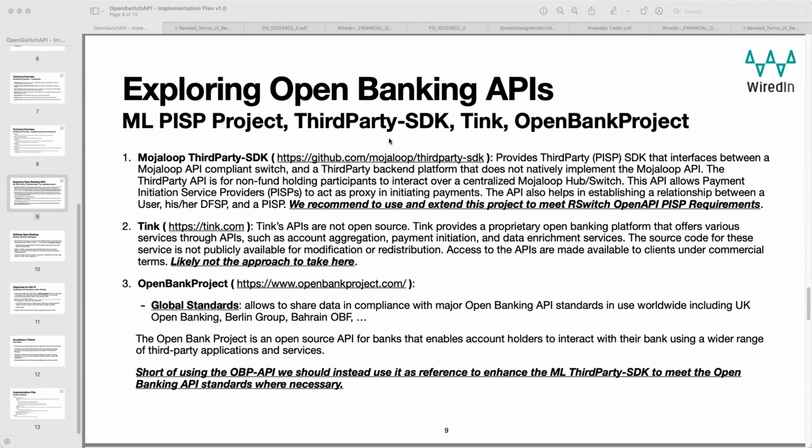And so what we are trying to do in this workstream is to look at the Mojaloop third-party SDK and the Open Bank project, to see how we can extend the third-party SDK where it's not meeting some of the global standards, or if we see that we need to completely change, then that decision can be made at that point.